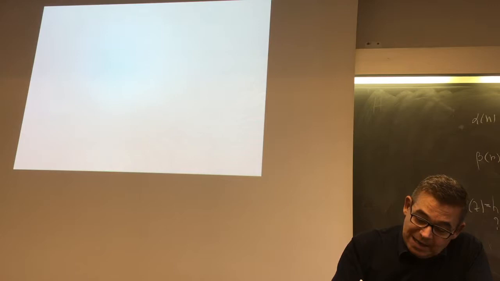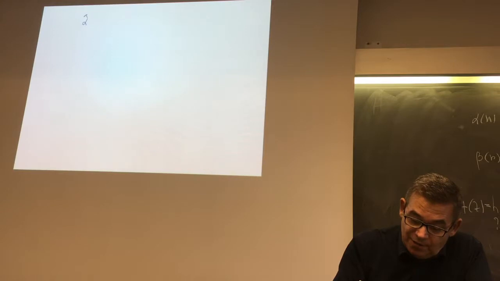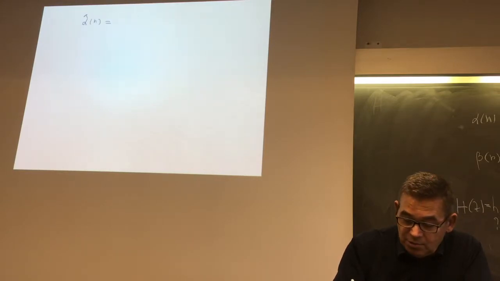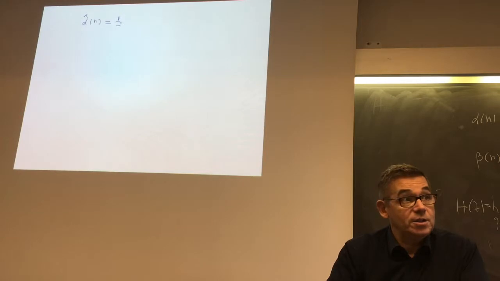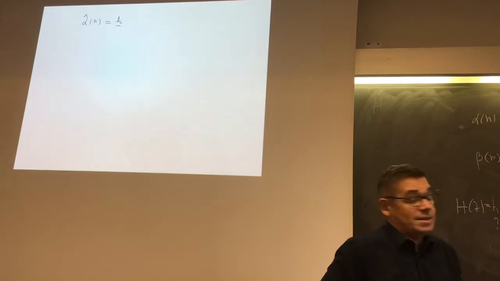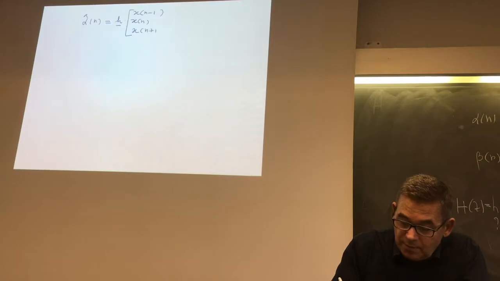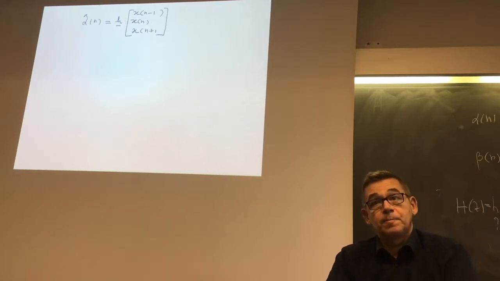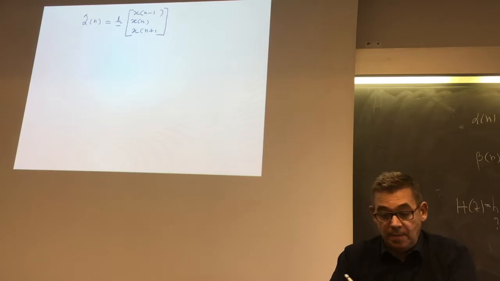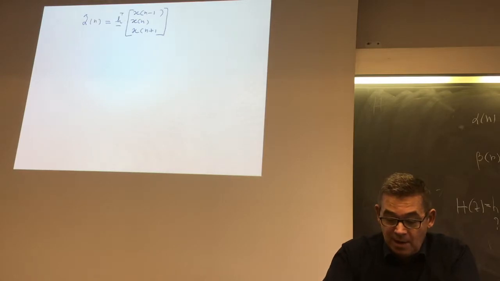So my estimator, which is h, which is unknown, my estimator is alpha hat n equal to a filter h, which is unknown, multiplying x. So this x is xn, xn minus 1, and xn plus 1, transpose. I forgot transpose. Okay? So that's my unknown.